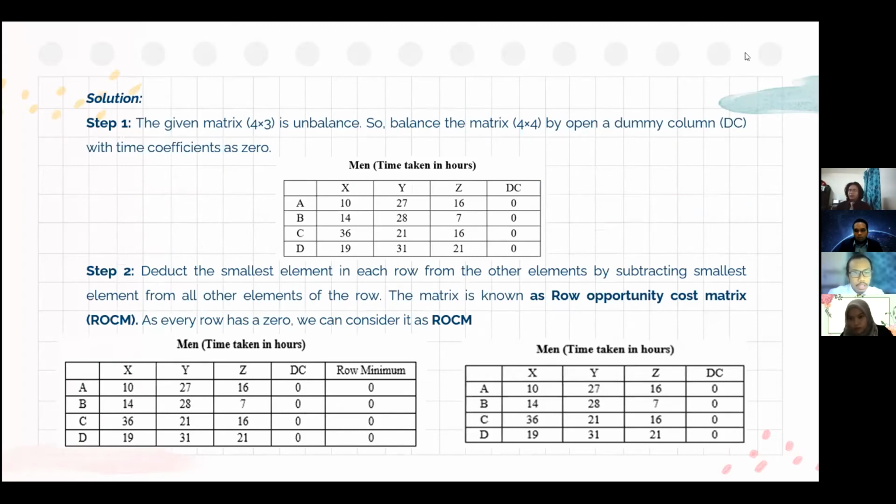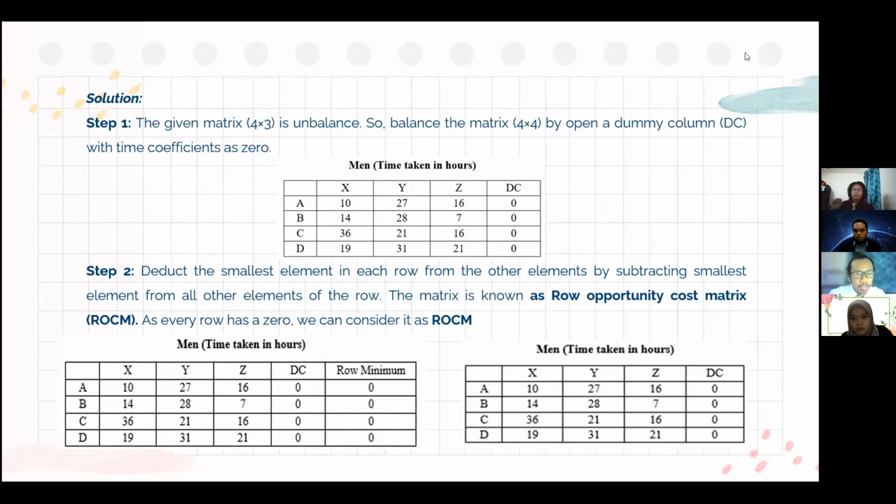Okay, the first solution: the given matrix is 4 times 3, which is unbalanced. So balance the matrix to 4 by 4 by opening the dummy column DC with time coefficient as 0. So we open the dummy column with all 0 in the column. The next step is to deduct the smallest element in each row from all other elements of the row.